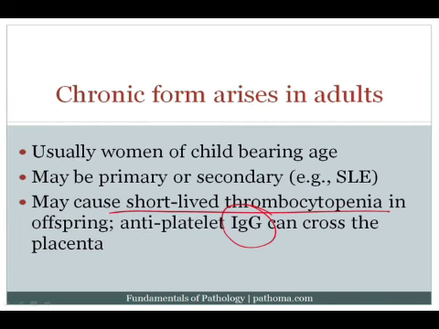Of course, that would be short-lived because eventually the antibodies would be consumed over time, and then there would be no more IgG antibody once the baby was born. But it is important to note that women who have the chronic or long-standing form of ITP can have short-lived thrombocytopenia in their offspring.